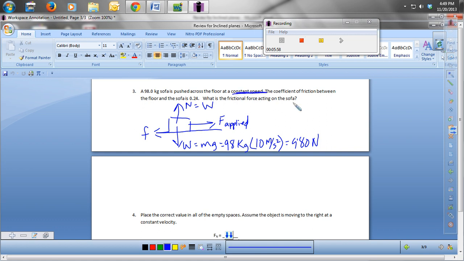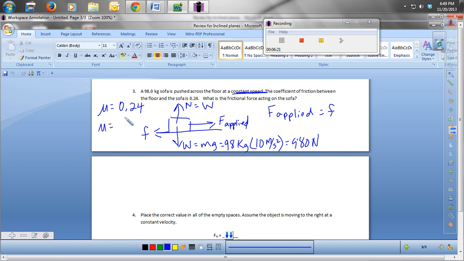It tells me it's at a constant speed, so if that's true, then the applied force has to equal the frictional force. Now, what I do know is that they gave me my mu. Mu is equal to 0.24, no newtons.